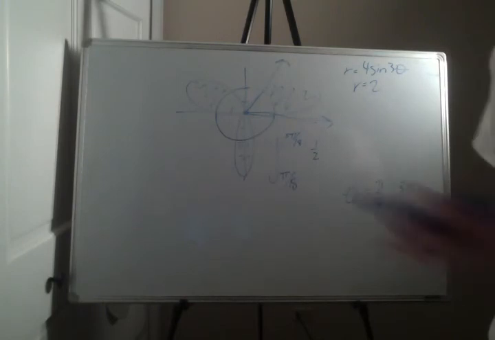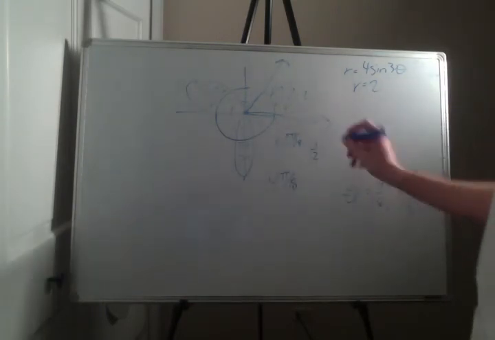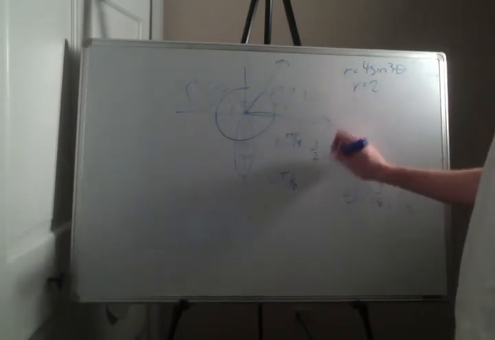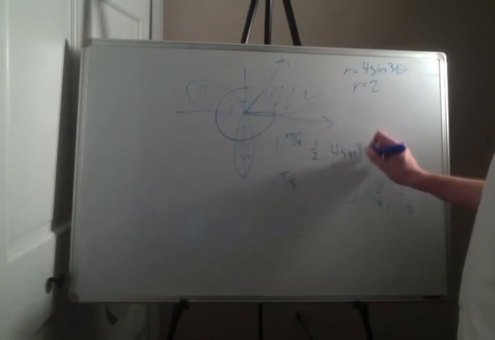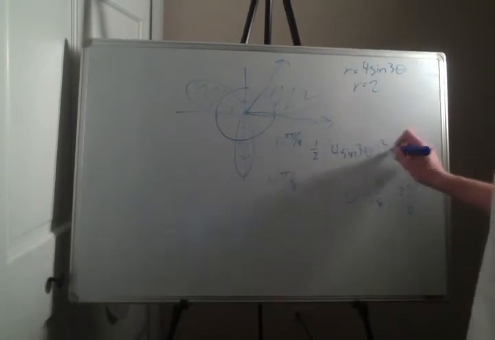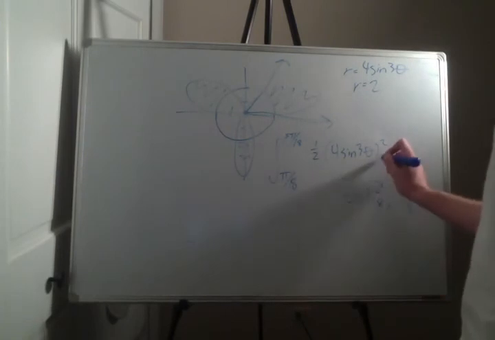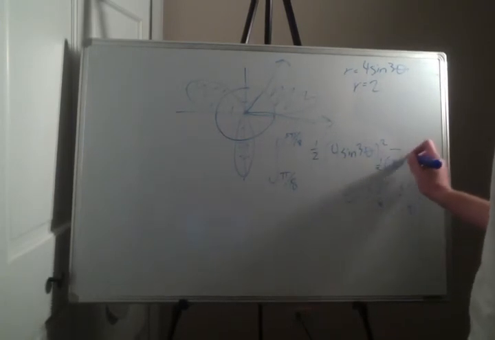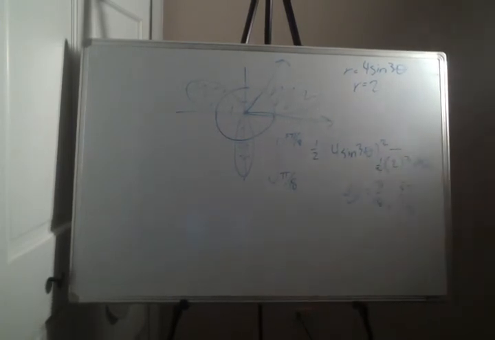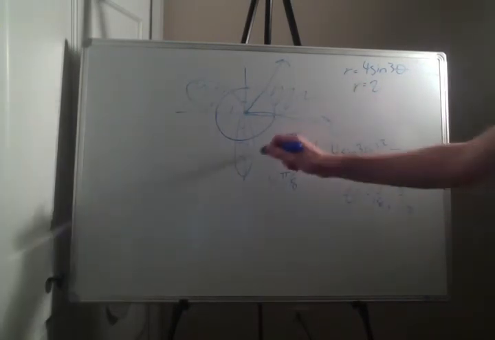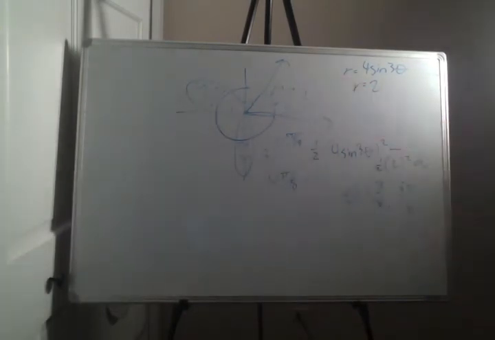Also note this is a sector of a circle, so you could just do a sector formula, or you could just do it this way too, it's fine. So this one is going to be 4 sine of 3 theta squared minus 1/2 2 squared d theta, and that should give you the area, and then you would multiply that by 3 to get it for all 3 of them.